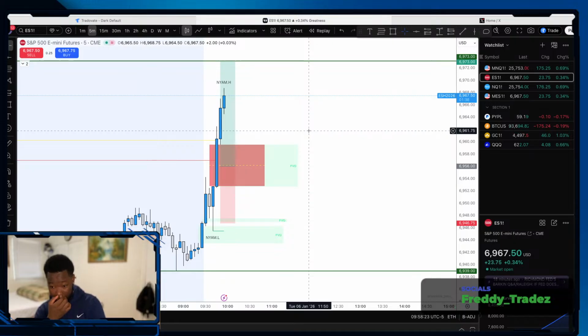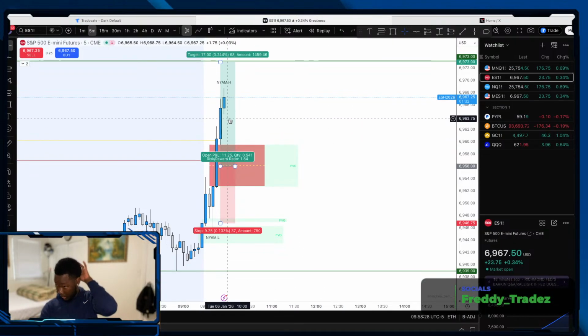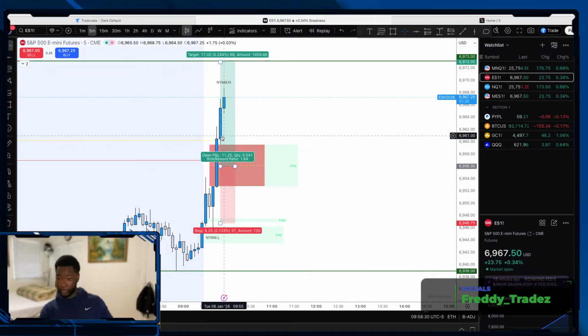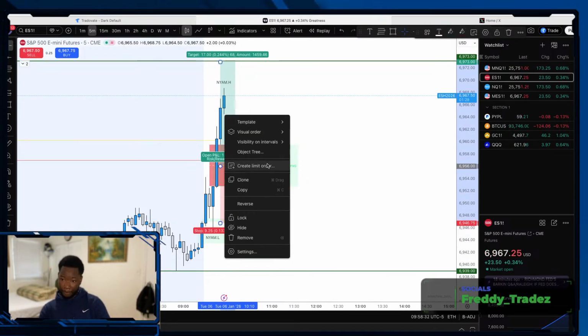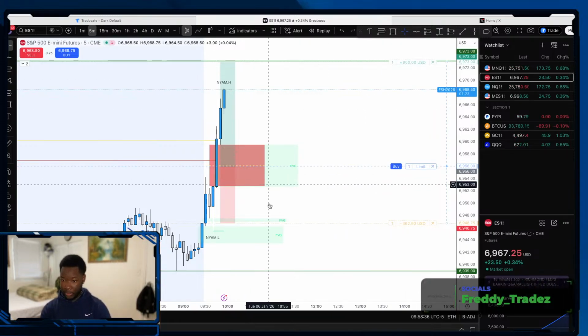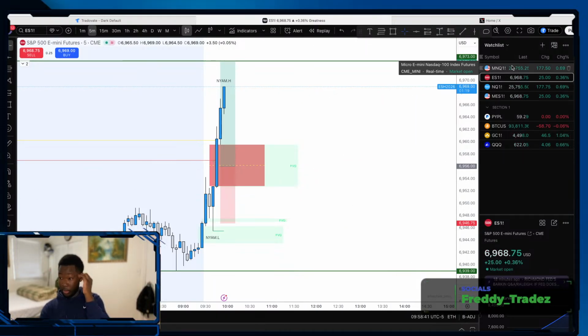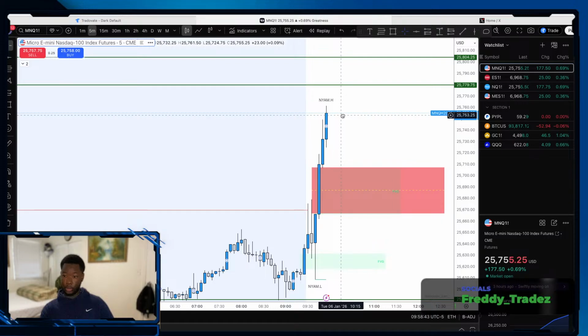So if we can get this pullback, but it doesn't seem like price is looking to come back down. I'm gonna have to size down on this. Stops are kind of big. We're just pushing.